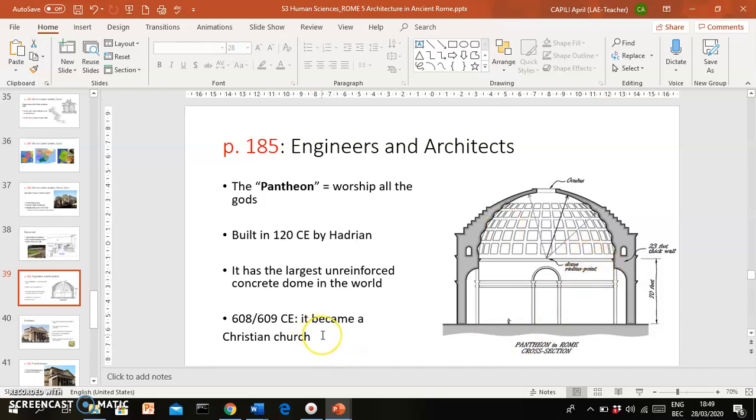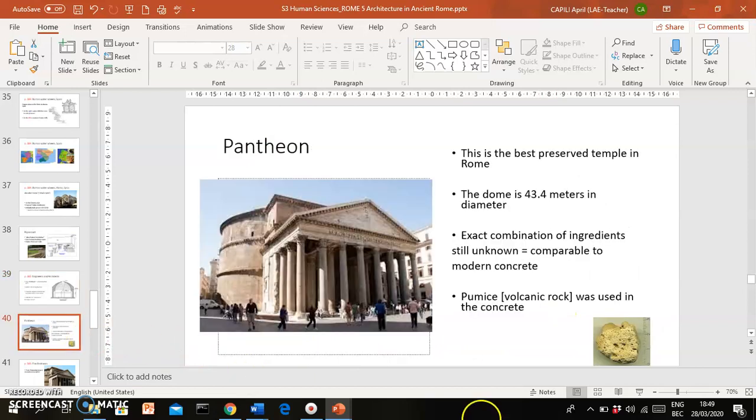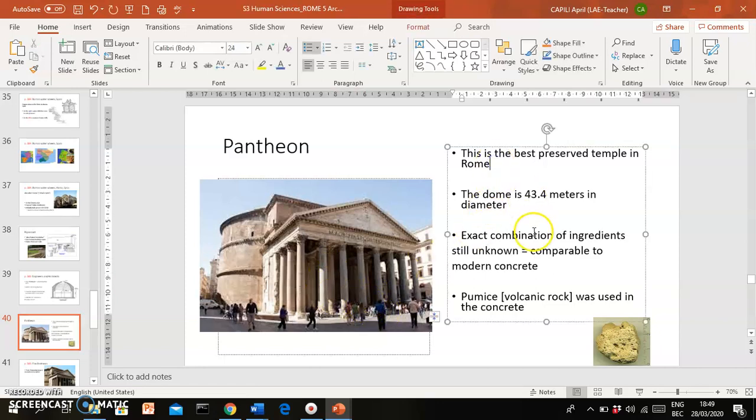Rome would eventually become Christian, and so the Pantheon in 608 or 609 CE or AD became a Christian church. This is an important structure. You can still see it in Rome. You can visit it. You can go in. This is the best preserved temple in Rome.